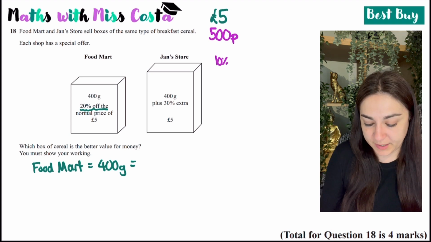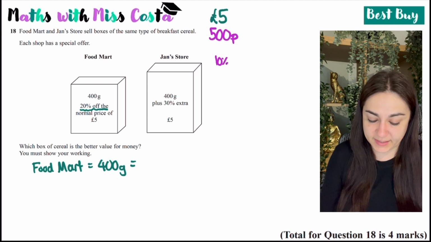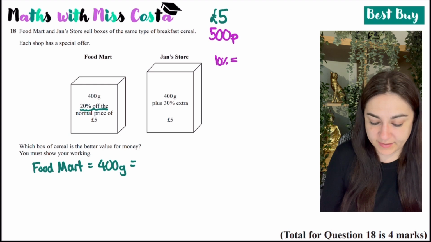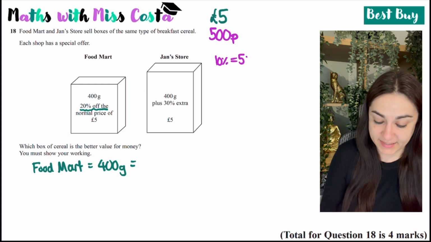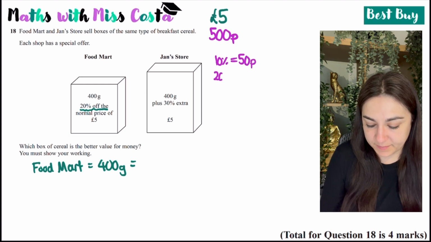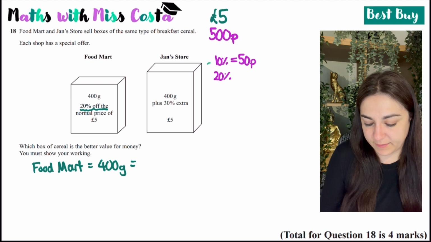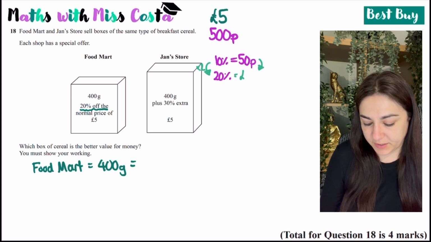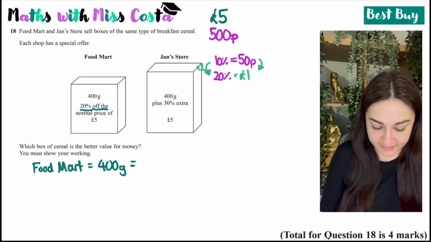This is a non-calculator paper, so you want to use the tricks of finding 10%. Anytime you want to find 10%, you just divide by 10. So I know that 10% must be 50p, and therefore 20% is double 10%. So I'm going to double that. So 20% is going to be £1 or 100 pence.